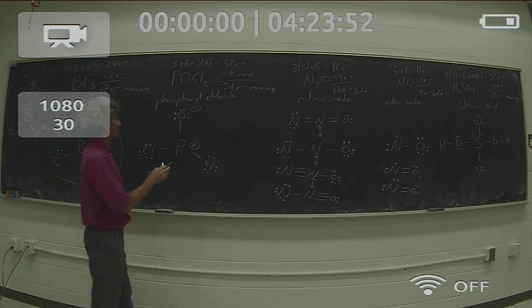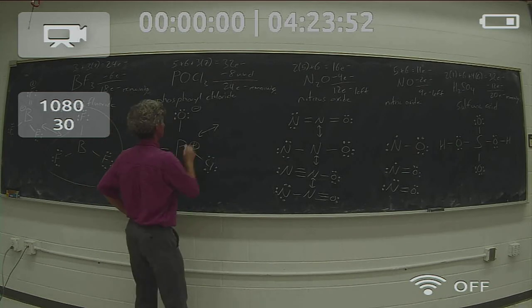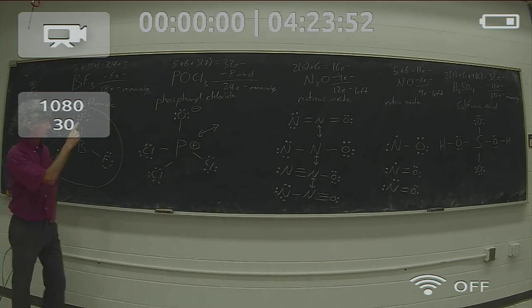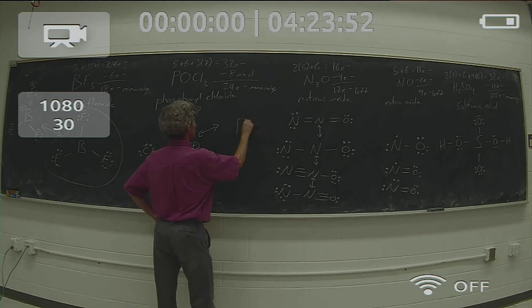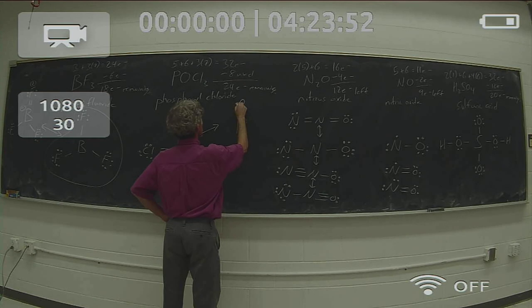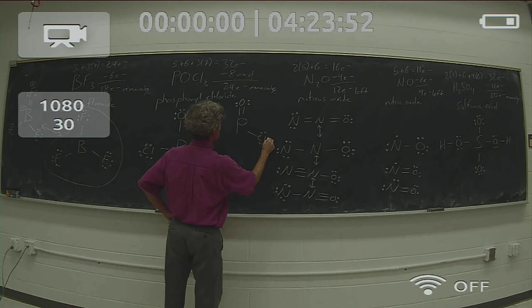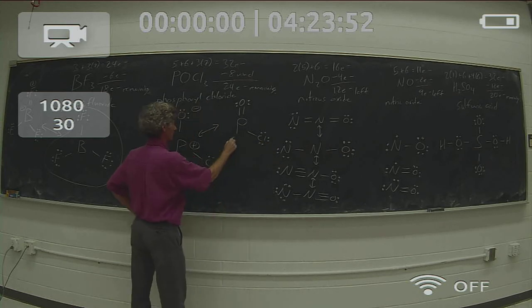Turns out that when you have an element in the 3rd row or below, it's better to minimize the formal charge by expanding the octet. Expanding the octet is only allowed if you're in the 3rd row or lower.